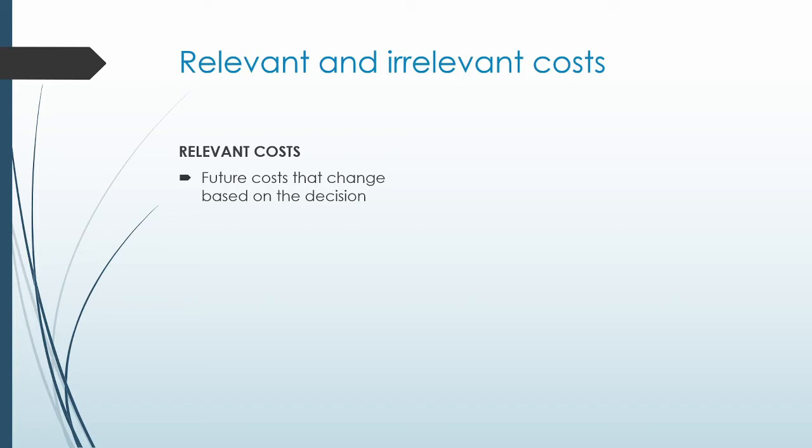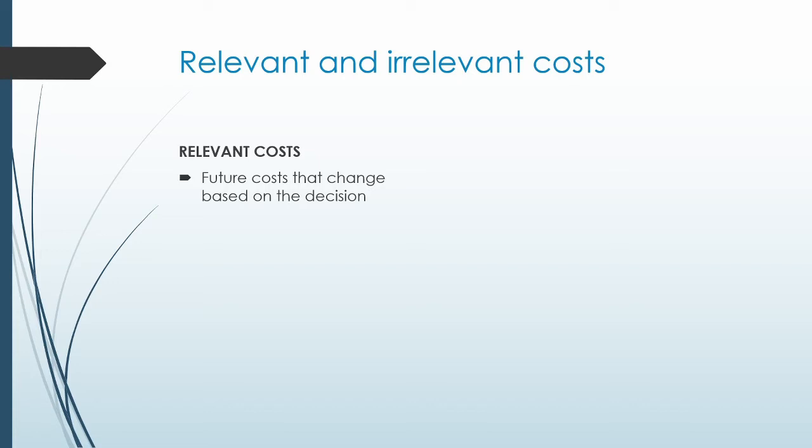We will unpack these costs in a lot more detail when we get to our series on relevant costing and decision-making. For relevant and irrelevant costs, we are classifying the costs as whether or not they are relevant for a specific decision or course of action.